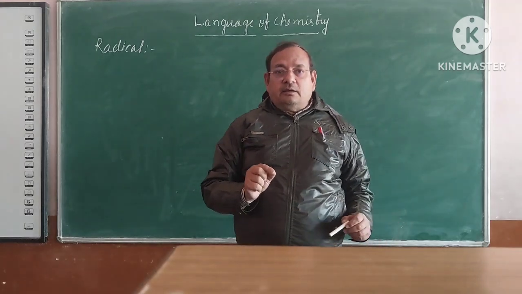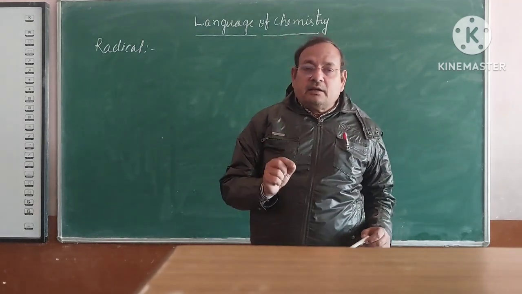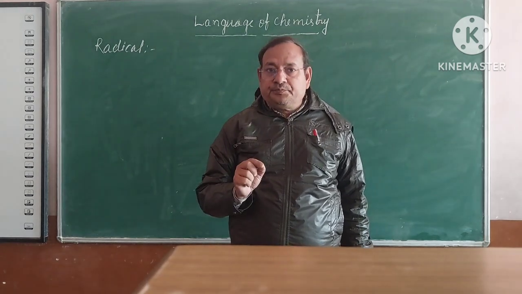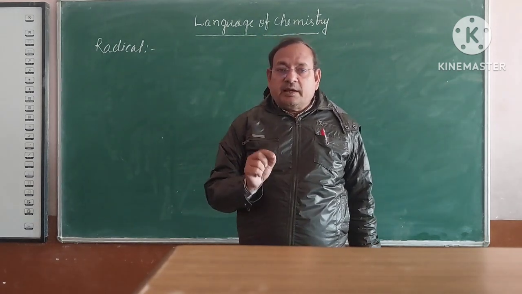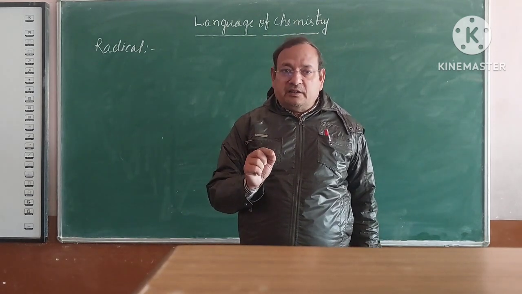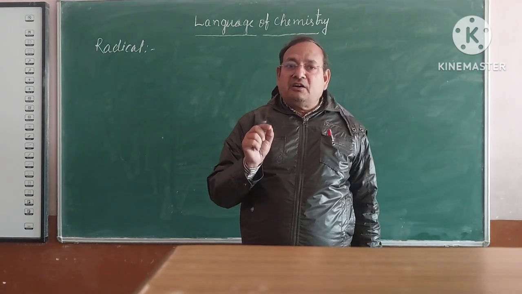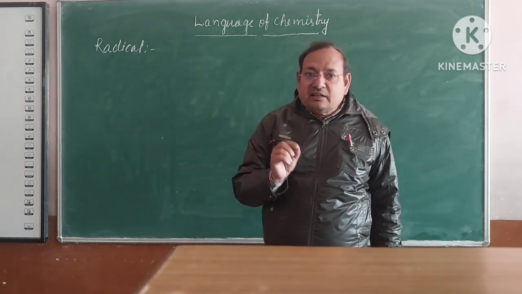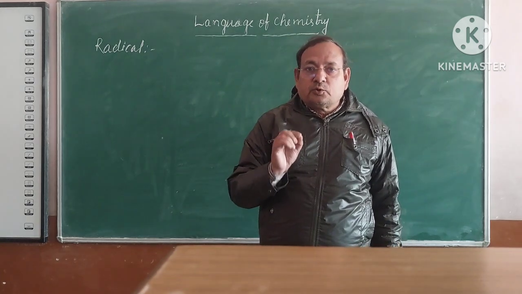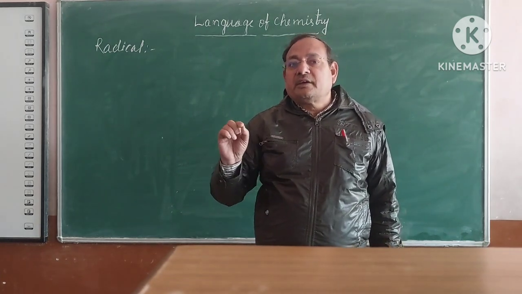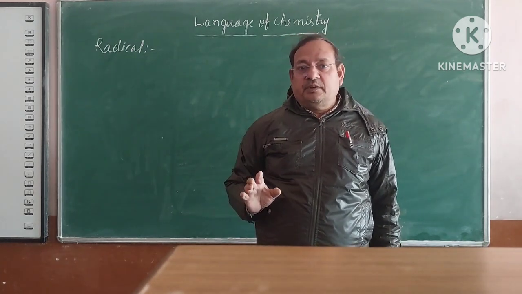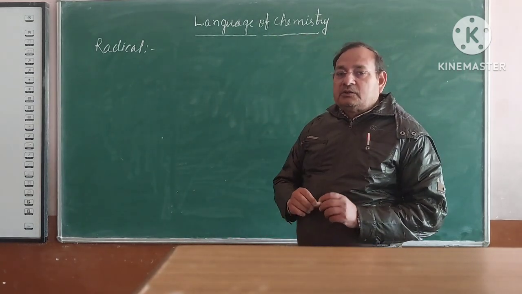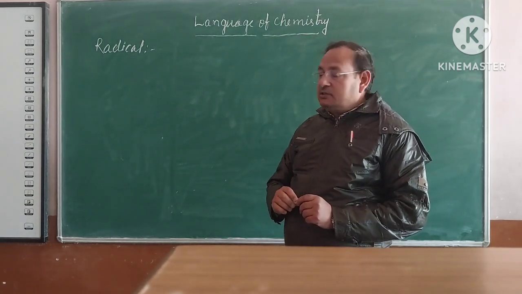A radical is an atom or a group of atoms which have positive or negative charge on them and behave as a single unit through a series of chemical reactions. Understand? So I am going to tell you some examples of radicals.